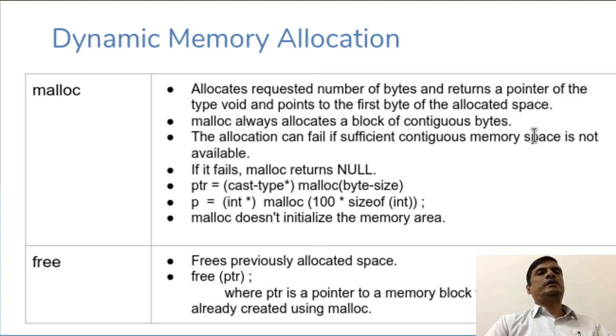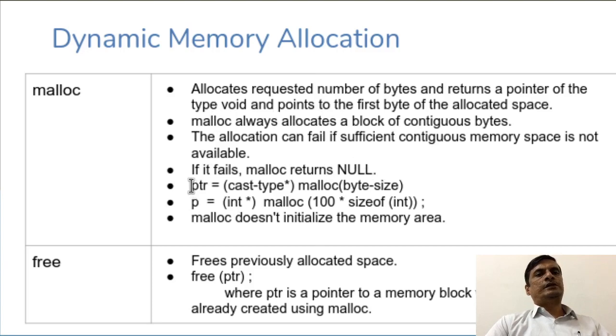Otherwise, it allocates in chunks of blocks. The allocation can also fail if sufficient contiguous memory is not available. In that case, it will return null instead of a pointer to the first location.